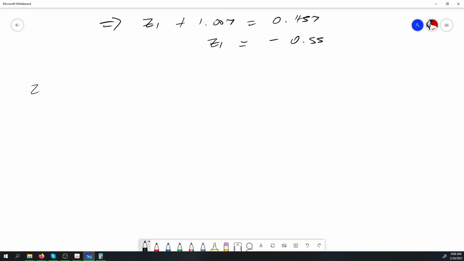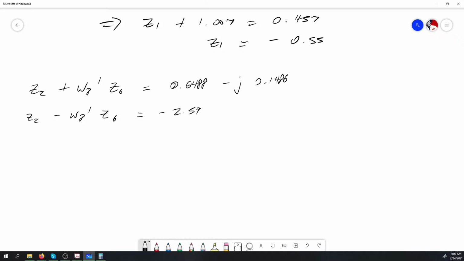In this case, this is going to be Z2 plus W8 of 1 Z6 equal to 0.6488 minus j0.1486, and Z2 minus W8 of 1 Z6, because of that negative 1 that we had, equal to minus 2.5968 minus j0.4074.